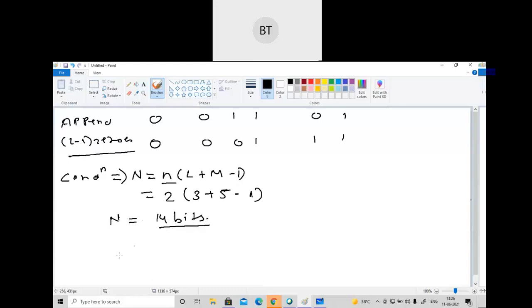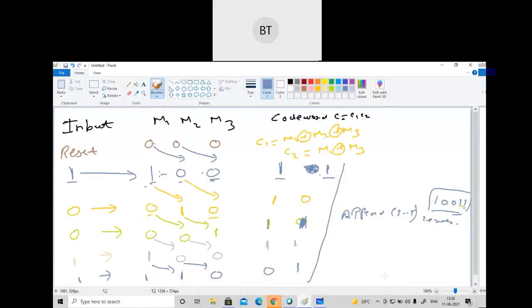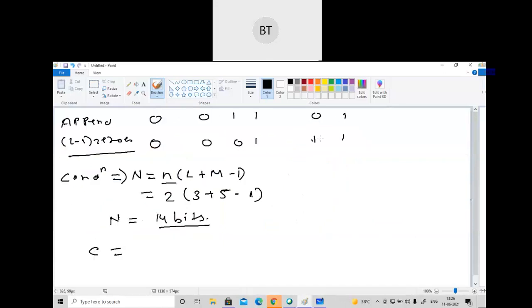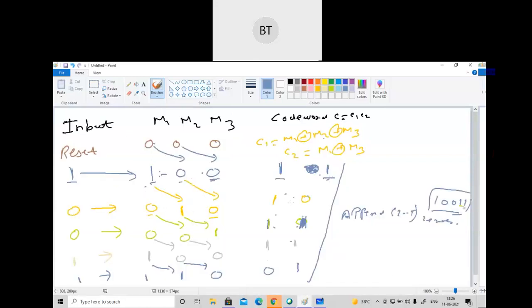If you write the final code word, you can see 1 1 1 0 1 1, so 1 2 3 4 5 6 7 8 9 10 and 11 12 13 14.